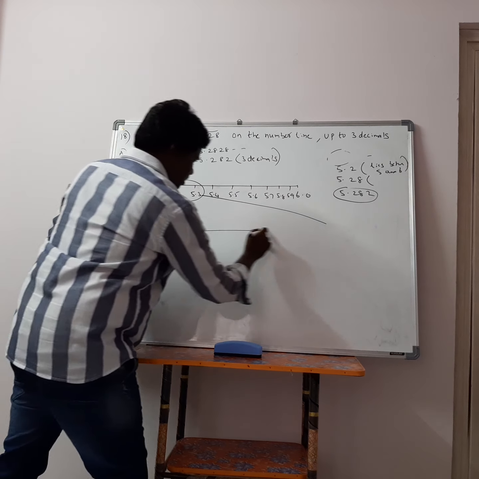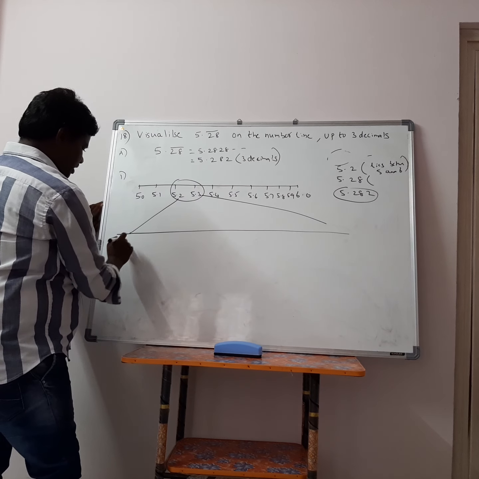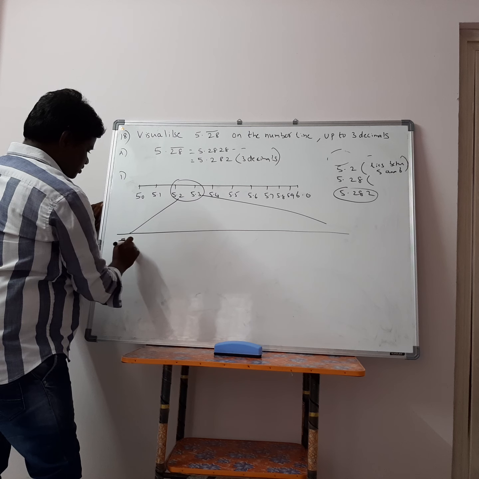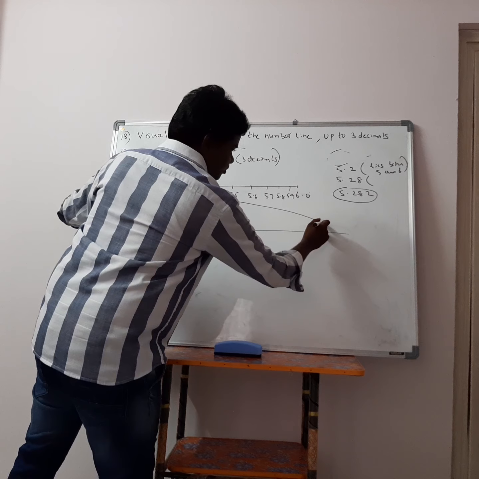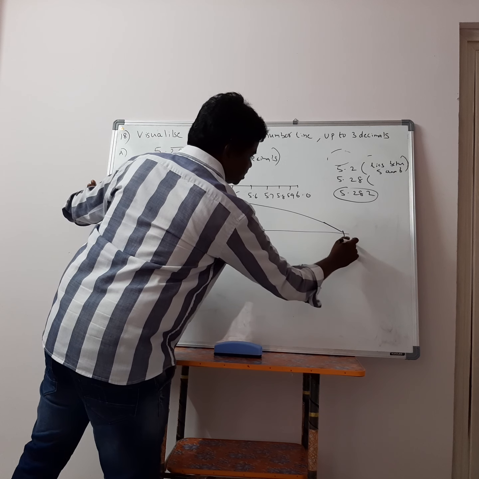So you have to draw a number line and keep 5.2. 5.2 means 5.20, and 5.3 means 5.30.